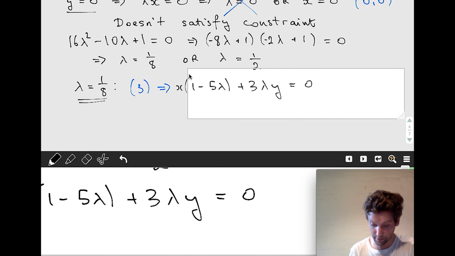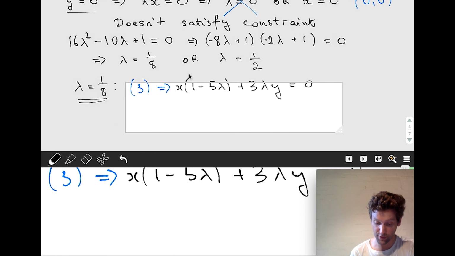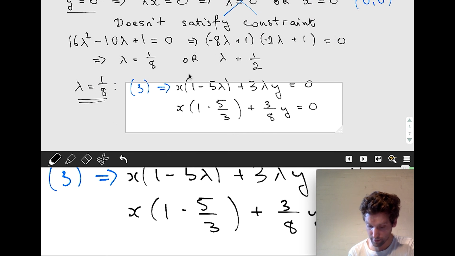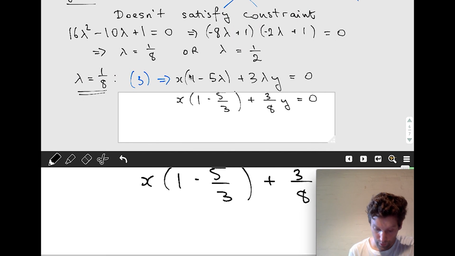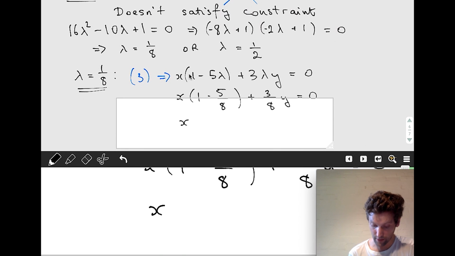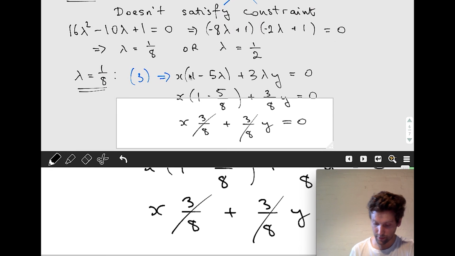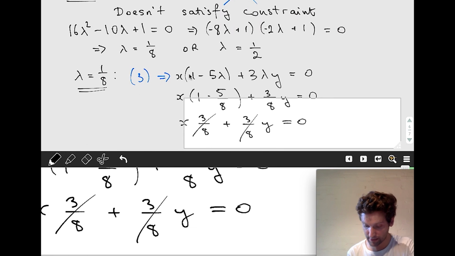Let's substitute in the value lambda is equal to 1/8, which gives us x times 1 minus 5/8 plus 3/8 y is equal to 0. So x times 1 minus 5/8 is 3/8, plus 3/8 y is equal to 0. Those factors of 3/8 cancel, and that gives me that x is equal to minus y.